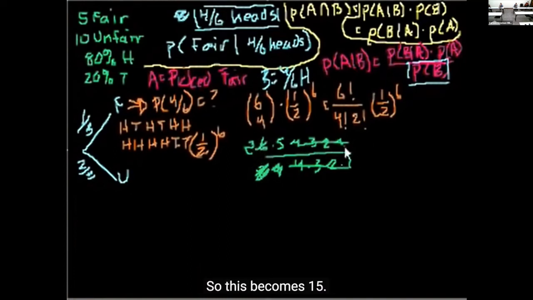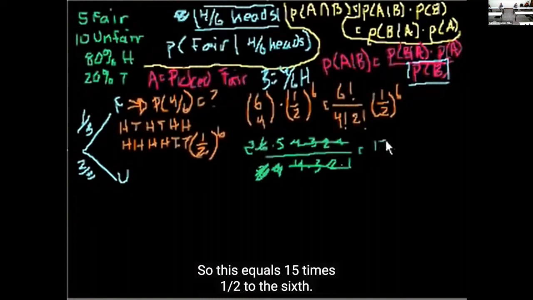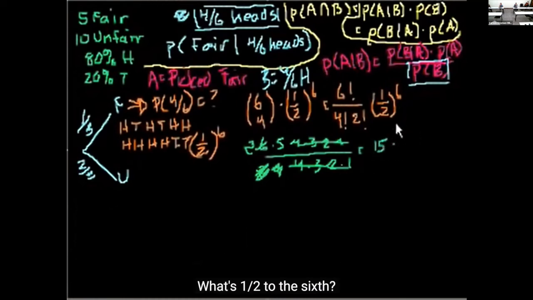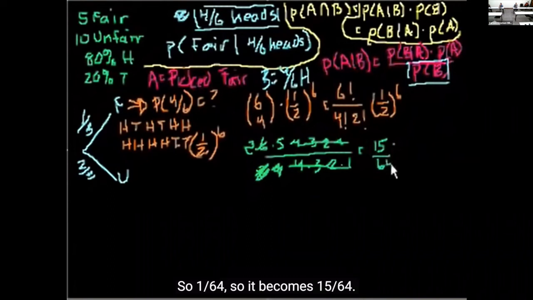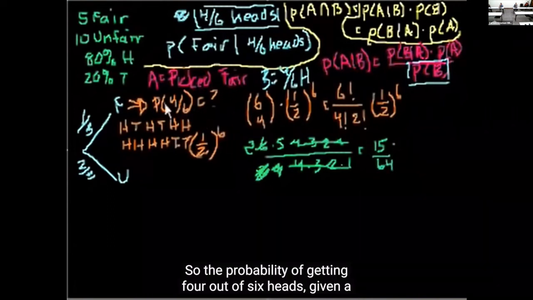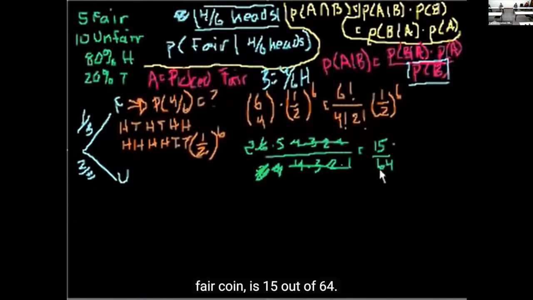So this becomes 15. So this equals 15 times 1/2 to the 6. What's 1/2 to the 6? That's 1 over 64, right? So it becomes 15 over 64. So the probability of getting 4 out of 6 heads given a fair coin is 15 out of 64.